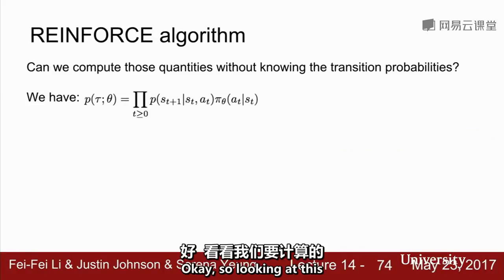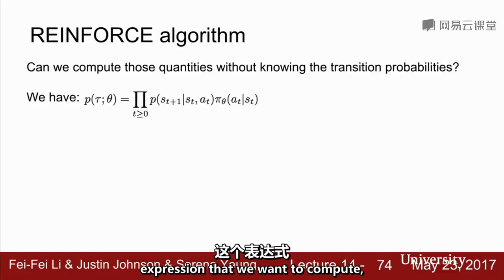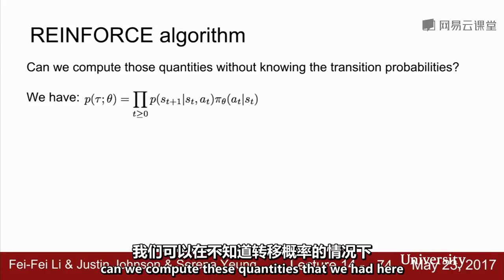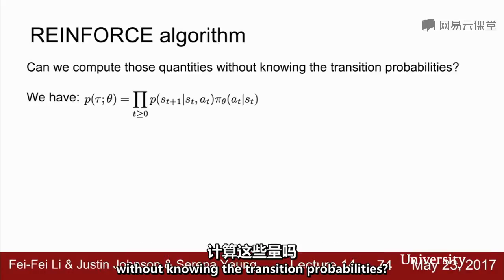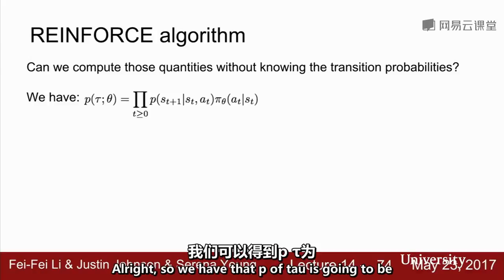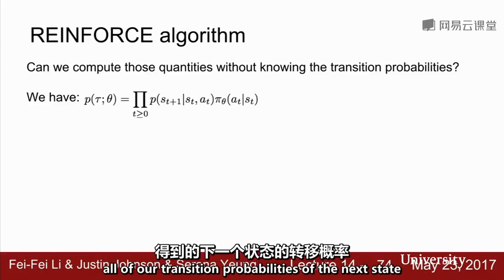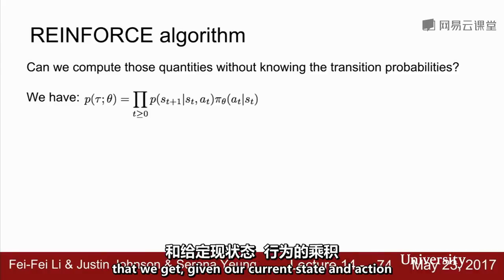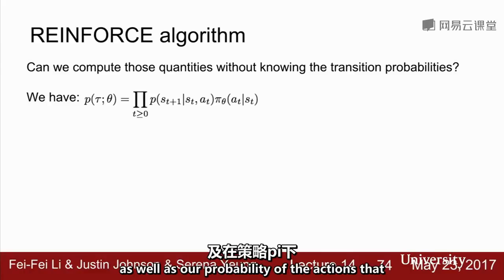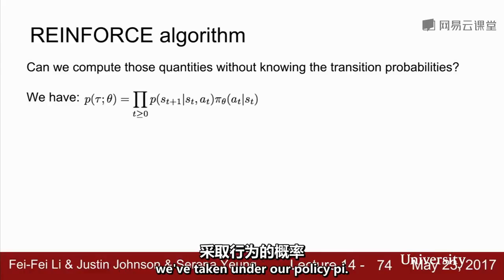Okay, looking at this expression we want to compute, can we compute these quantities without knowing the transition probabilities? The probability of a trajectory, p of tau, is the product of all of our transition probabilities of the next state given our current state and action, as well as the probability of the actions we've taken under our policy pi.